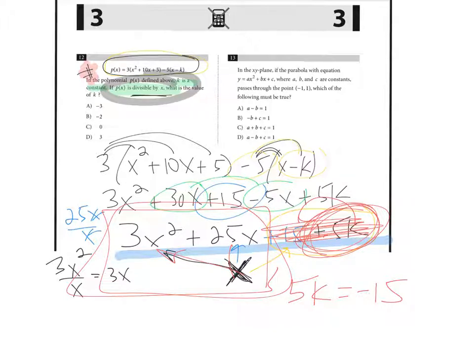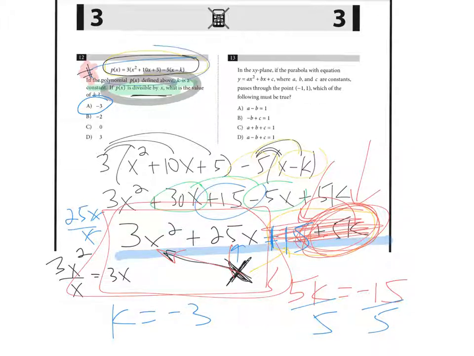So I basically need this 5k to be equal to negative 15 to cancel out with the positive 15. So what does k have to be if I divide both sides by 5? K has to be negative 3, or answer choice A. K is a constant, it's a number, in this case it's negative 3. If k is negative 3, it makes that function divisible by x.